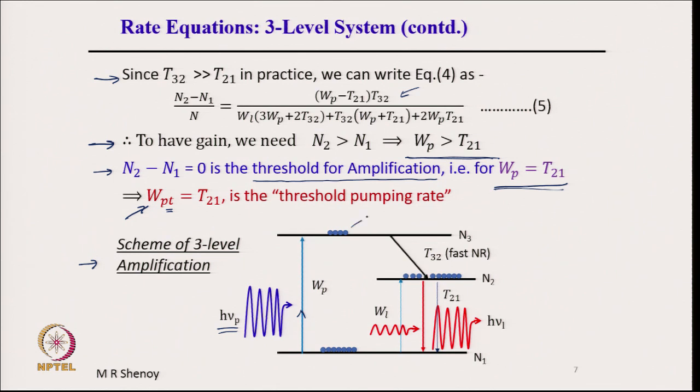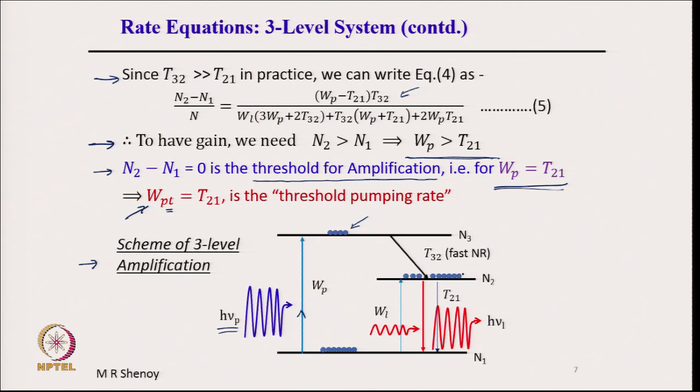Therefore, the steady state number N3 is very small, shown qualitatively as very small. And because T21 is small, the spontaneous transition rate from level 2 to level 1 is very small compared to T32, so atoms will start accumulating here.